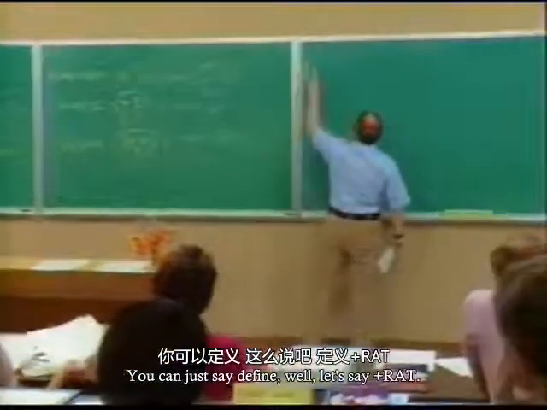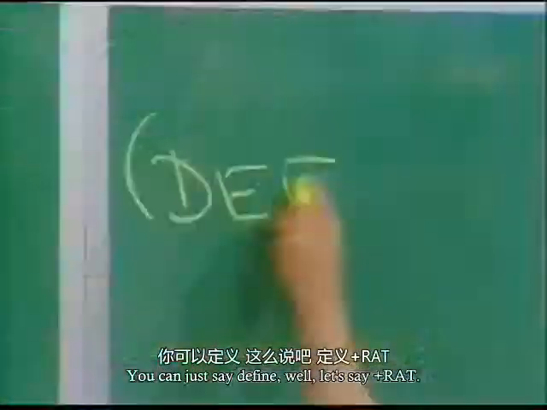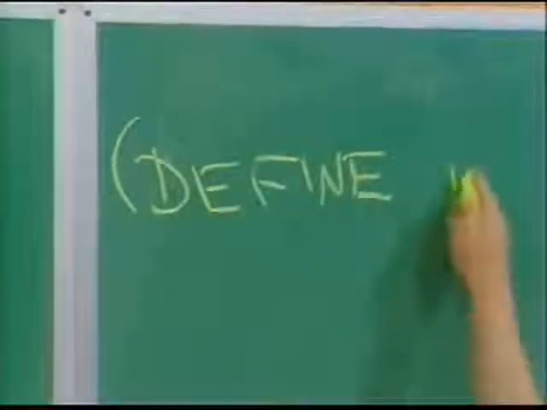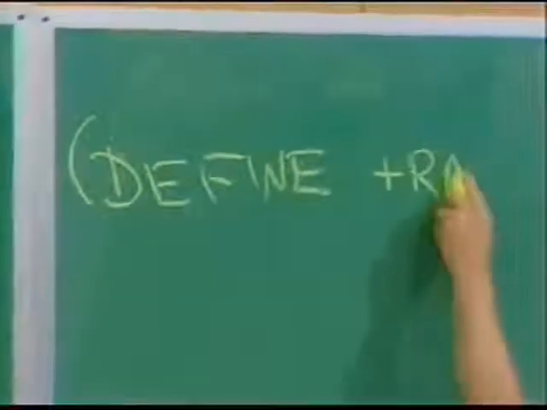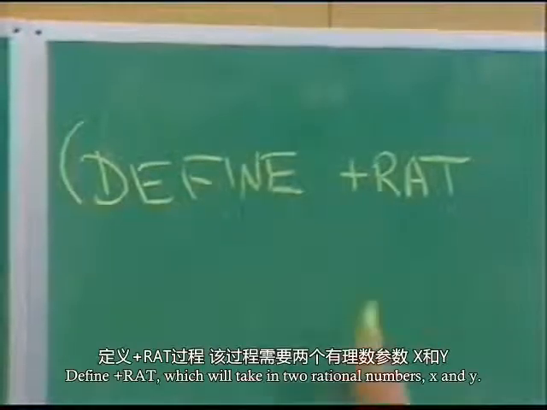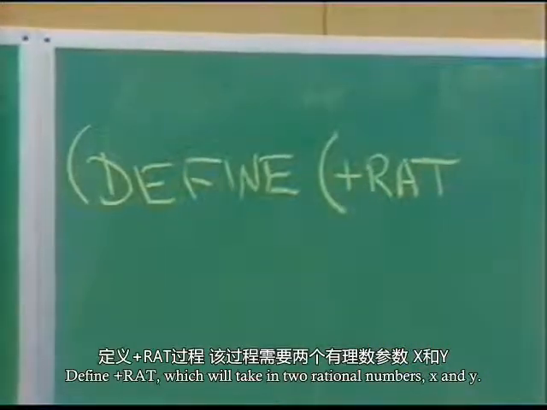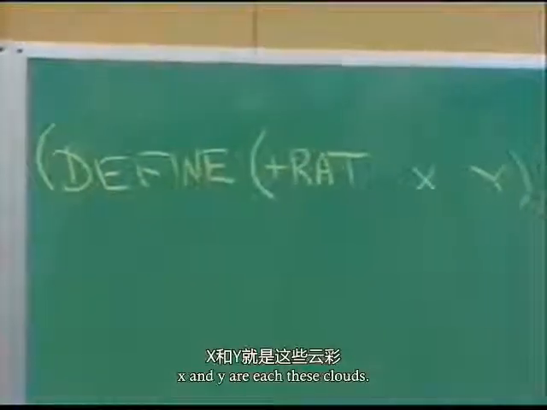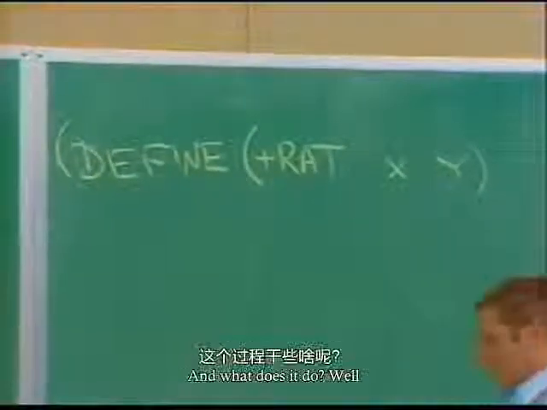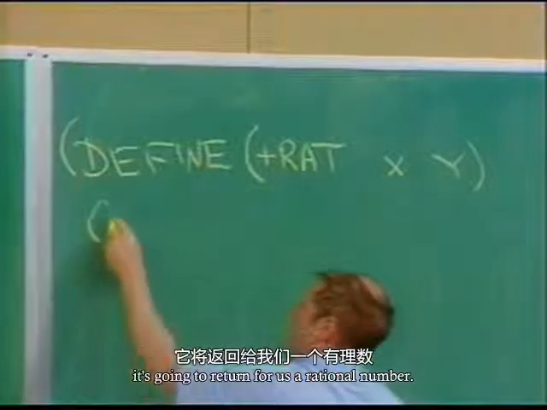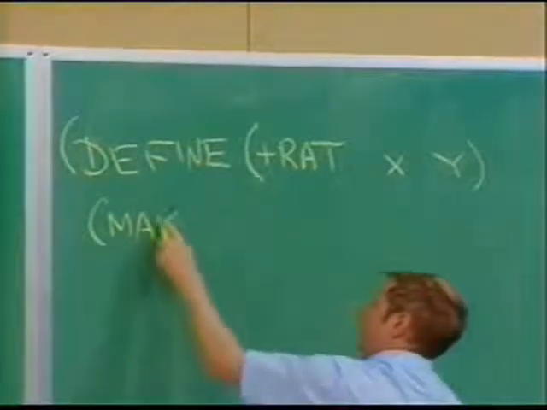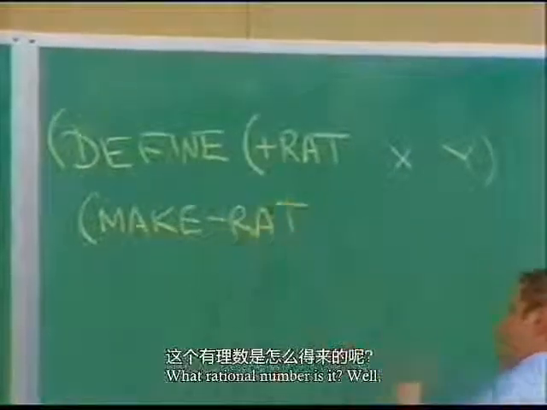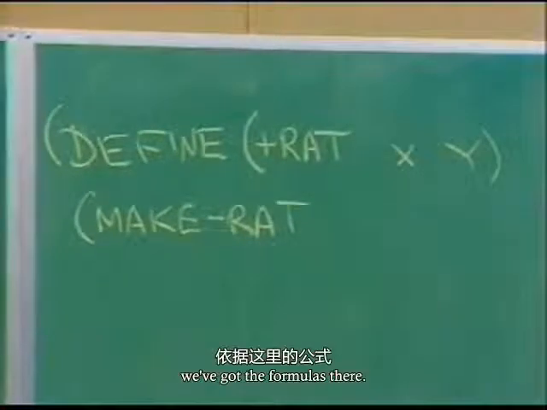You can just say define, well, let's say plus-rat. Define plus-rat, which will take in 2 rational numbers, like x and y. x and y are each these clouds. And what does it do? Well, it's going to return for us a rational number. What rational number is it? Well, we've got the formulas there.